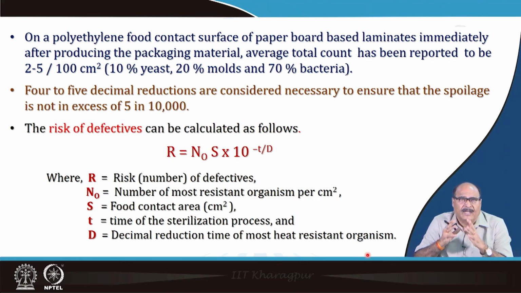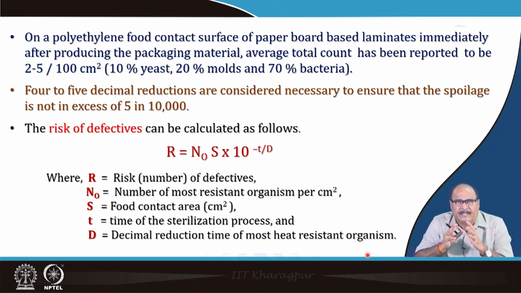There are reports that on a polythene food contact surface of a paperboard based laminate, immediately after its forming, the average total count is 2 to 5 per 100 square centimeter, of which 10% is yeast, 20% is generally mold, and about 70% is bacteria.